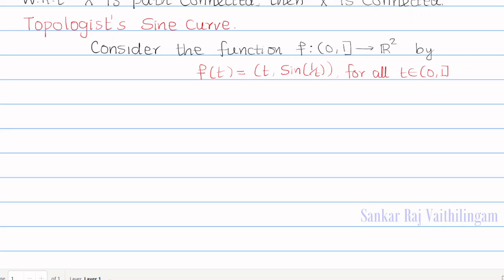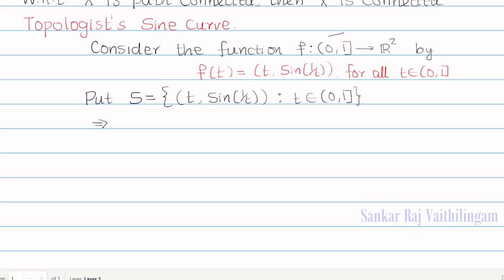Then the image of this function, I take it to be capital S, which is the set of all ordered pairs (t, sin(1/t)) where t belongs to (0,1]. So this is my S. Note that this is a continuous function.